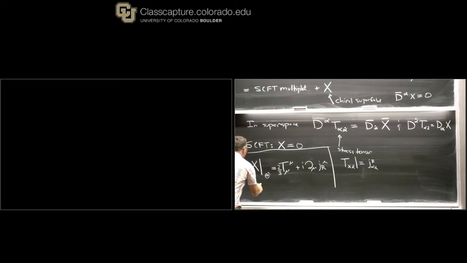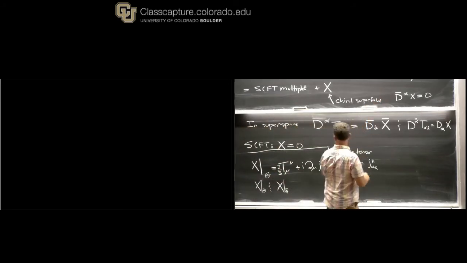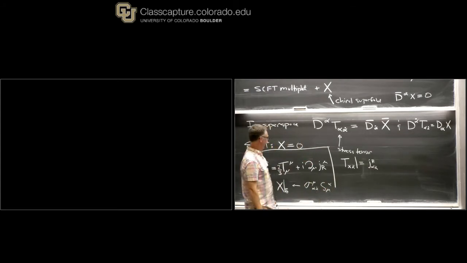The theta squared components are these components, basically things like sigma mu alpha dot s mu alpha, which are 0 in the superconformal theory.